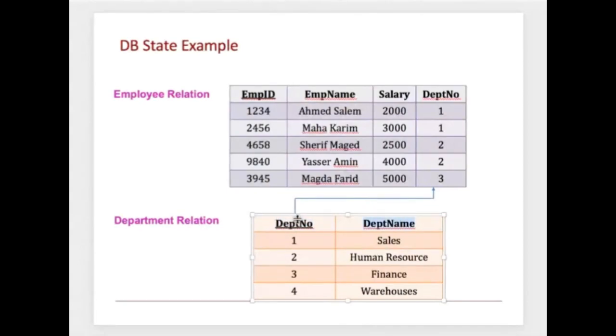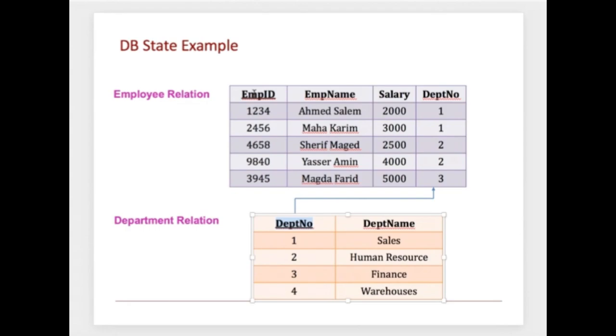You see here that the department number exists in this relation as well as in the employee relation. So where do you think it is the primary key? Of course, in the department relation, this is the primary key, and you see here it is underlined.